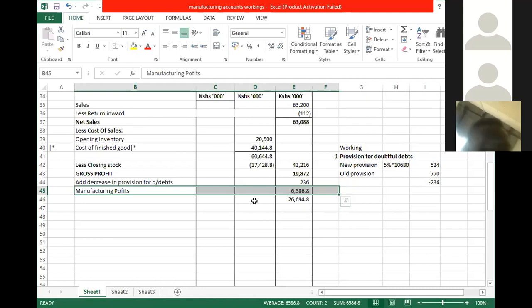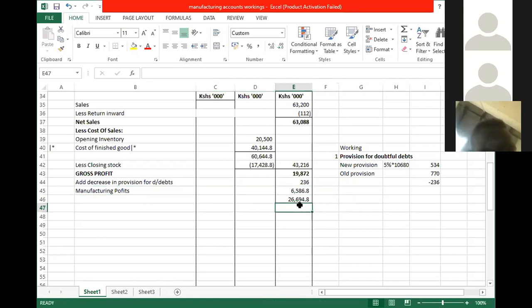That element of manufacturing profit should be added here, because remember, at the end of the day, we want to know the total amount of profit that was made. And therefore, if the production department made some profit on its own, they should allow us to add it there so that we can do these final accounts. I hope that is clear.